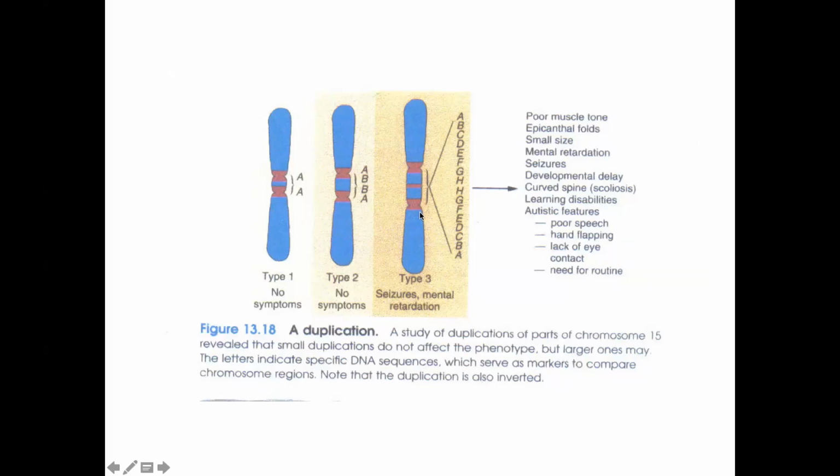Well, it leads to all kinds of phenotypic abnormalities that are listed over here: smaller size, mental retardation, seizures, learning disabilities, scoliosis, etc. So again, the point is that when you have these duplications that encompass large numbers of genes, blocks of genes, there are phenotypic consequences that can result.